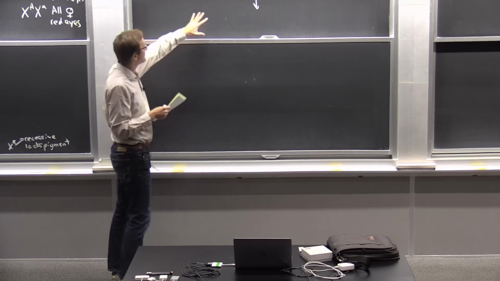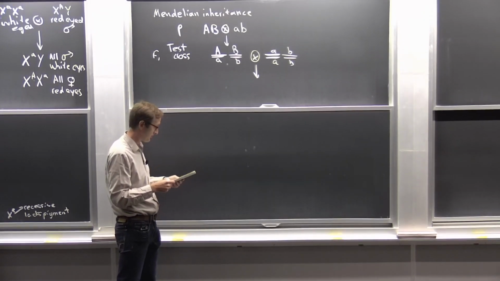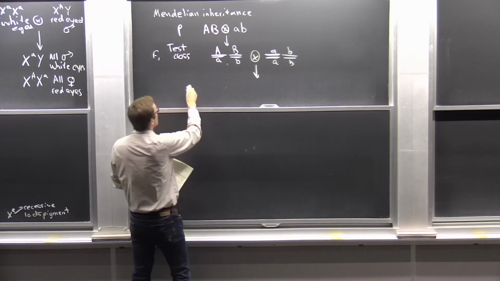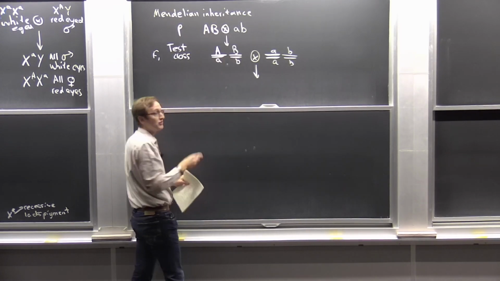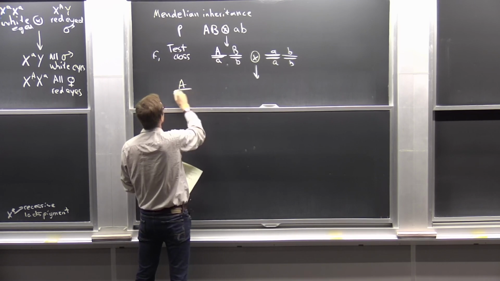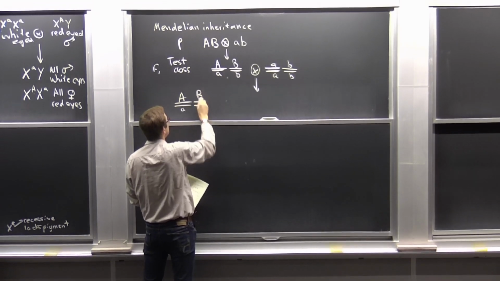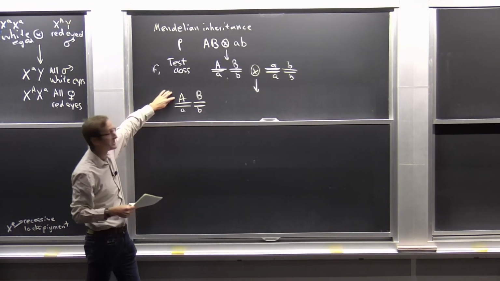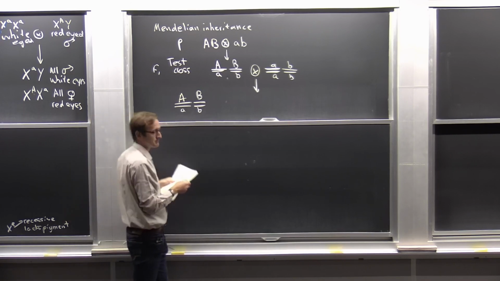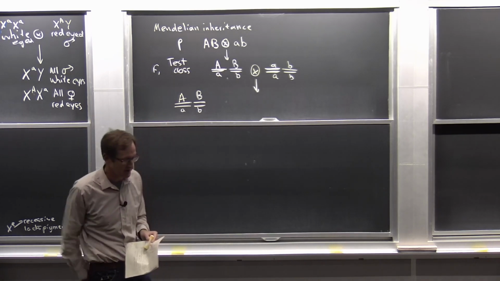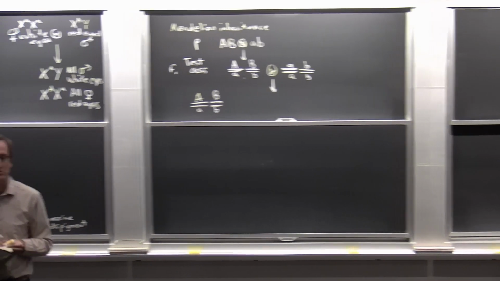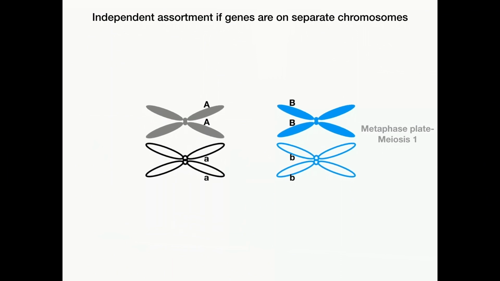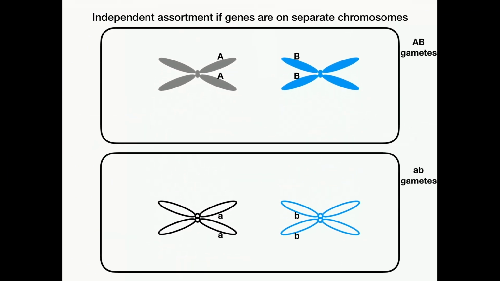Okay, so now we can consider the different types of progeny that result from this test cross, and some will have the two dominant alleles from this parent and will therefore be heterozygous for the A and B gene, and it would exhibit the dominant A and B phenotype. So if the chromosomes during meiosis 1 align like this, then the two dominant alleles segregate together, and you get AB gametes, and you also reciprocally get these lowercase a and b gametes as well.